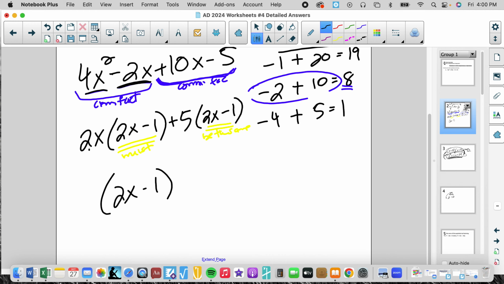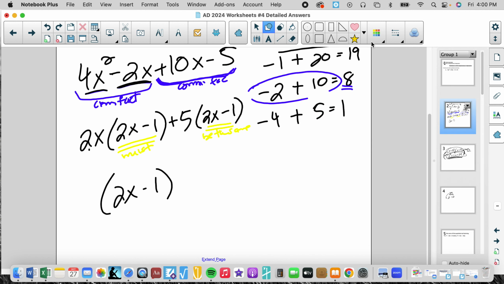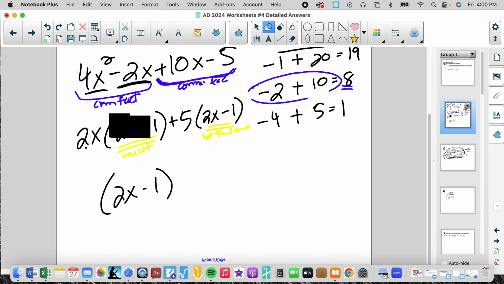If I remove the 2x minus 1 from both of these, and if we cover it up, oh good, we're still purples. If we pull both, oh, that wasn't very good. Oh gosh, why aren't you working? I hate the smartboard sometimes.